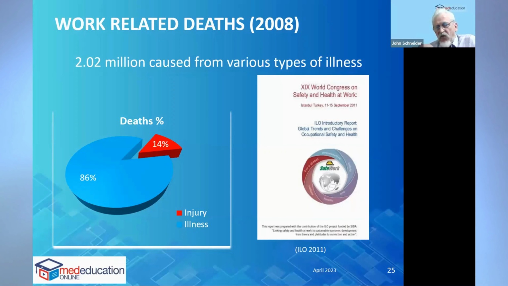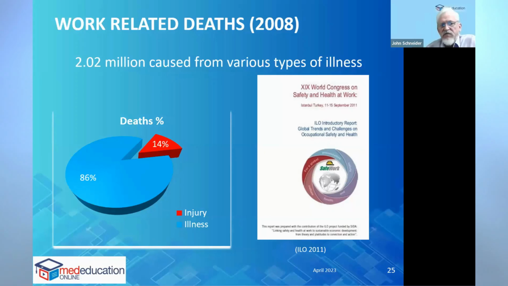Whereas if you look at the overall health data, again, and as I said, this comes from the ILO, 86% of those deaths are due to illness, not injury. Injury is easy to determine and easy to be aware of, and usually someone's been around to see what's happening.